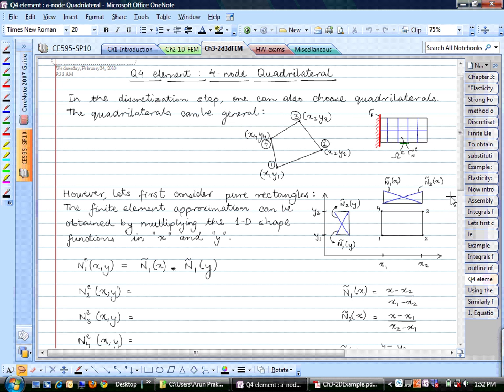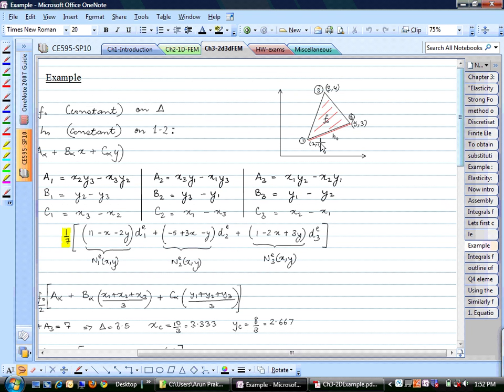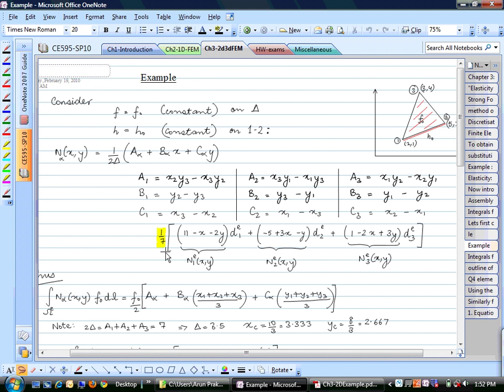So we said that for the triangular case, we needed to find the shape functions by solving equations. Let's take a look at this. So if somebody gives you the element coordinates, you can set up these equations, and you can calculate your shape functions like this.